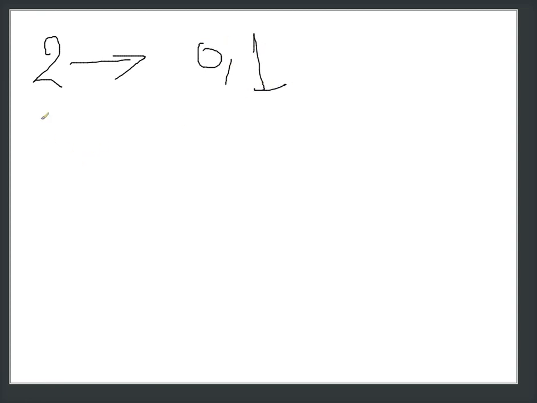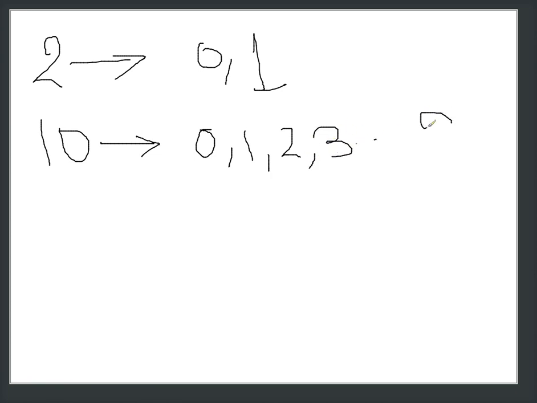Or if I say my base is 10, my symbols will be 0, 1, 2, 3 up till 9. So if I say my base is x, my symbols can go from 0 to x minus 1, isn't it?